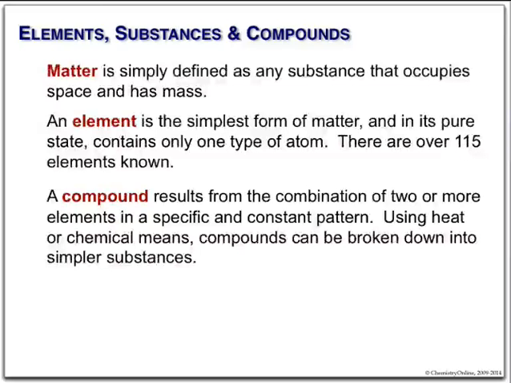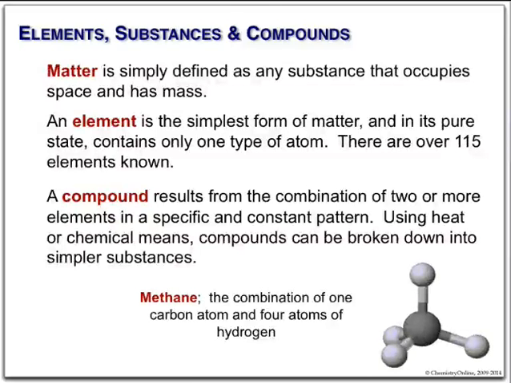All right. We said last time, matter is defined as any substance that occupies space and has mass. The simplest type is an element where we have only one type of atom. A compound results when you take two different atoms and you combine them. We'll see that there are two ways we can make compounds. One, the elements are present at a fixed ratio only.